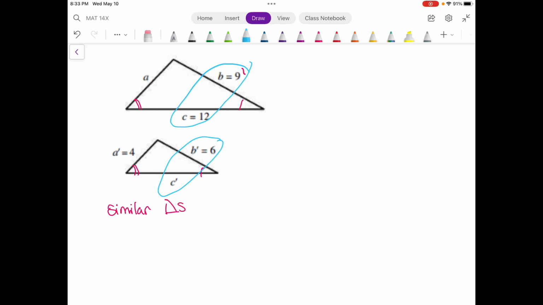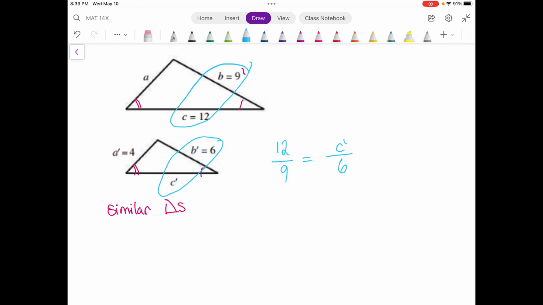And so I want to know what C is in this small triangle. I know C in the big triangle. It's 12. And the relationship between B and C would need to be 12 to 9. And then in my other triangle, C is unknown and 6.